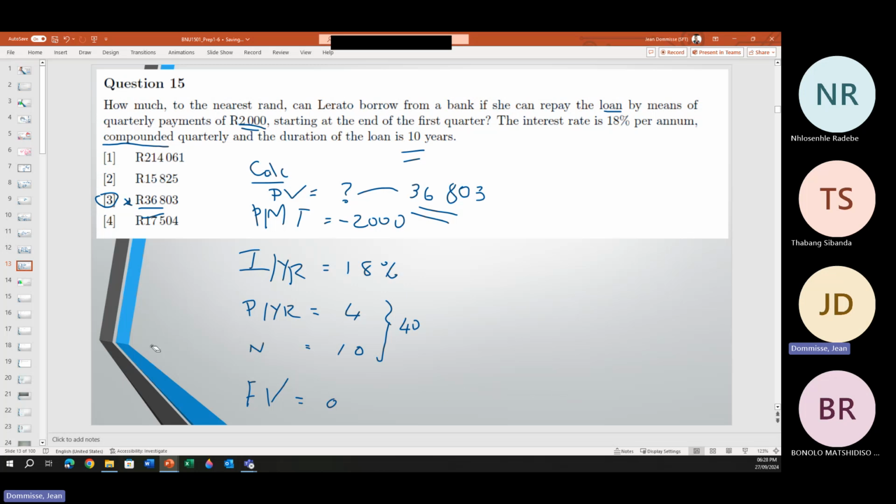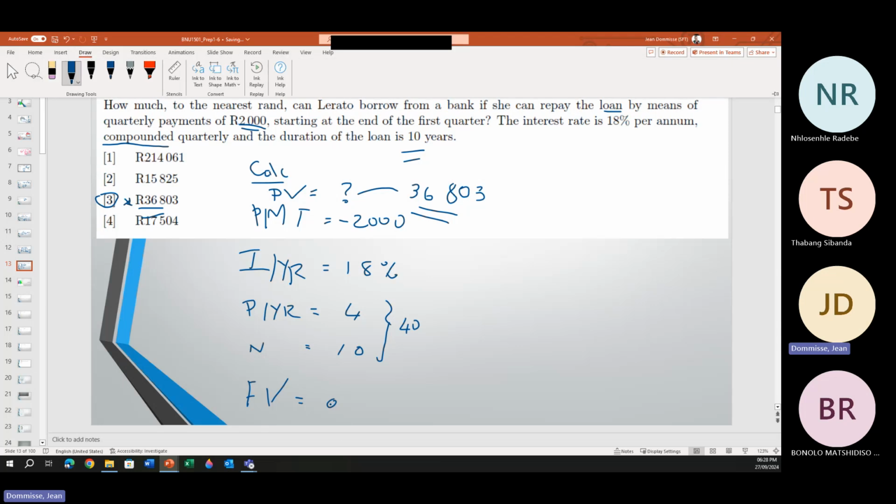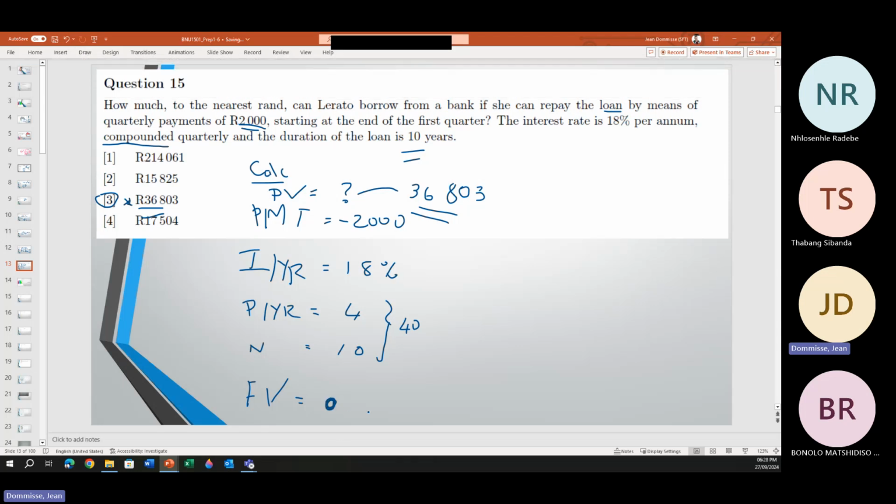She will pay off 2,000 rand every quarter, and at the end of the period, there will be zero left that she needs to pay. So that's why we need to work out the present value.